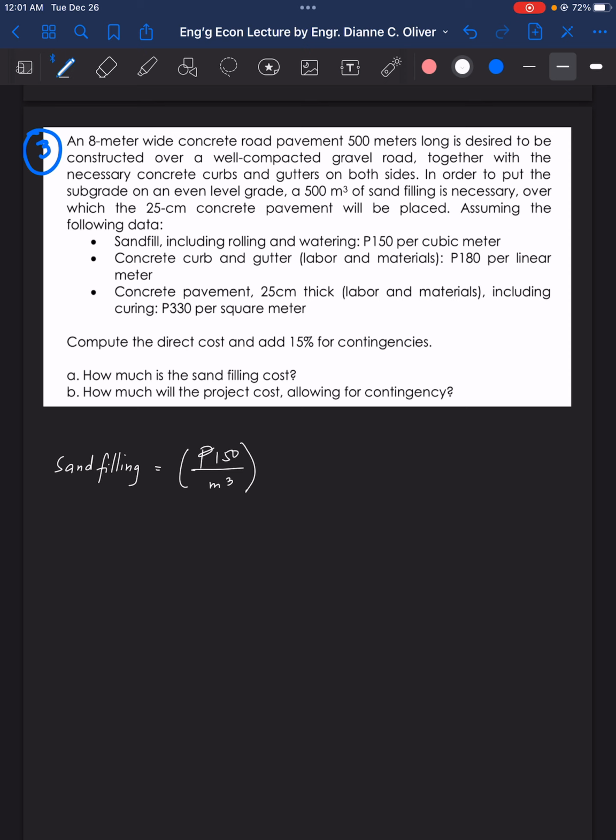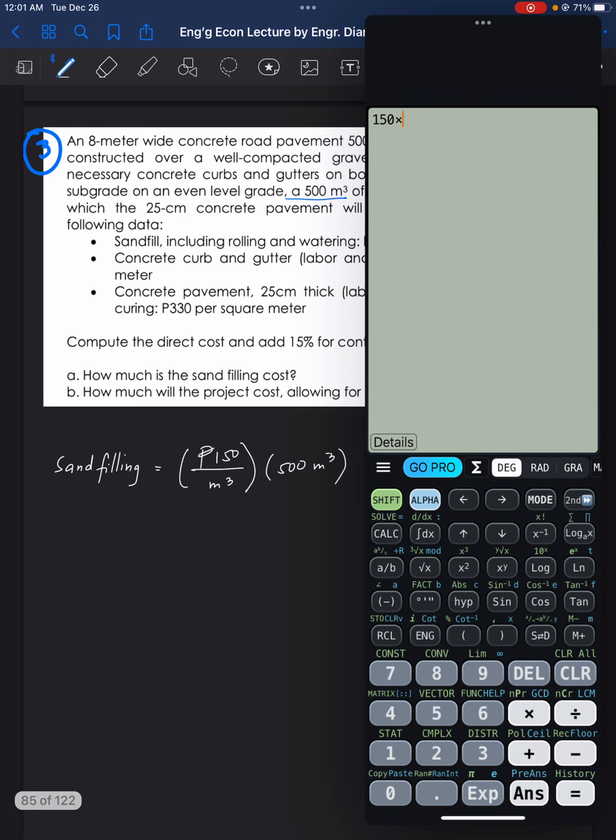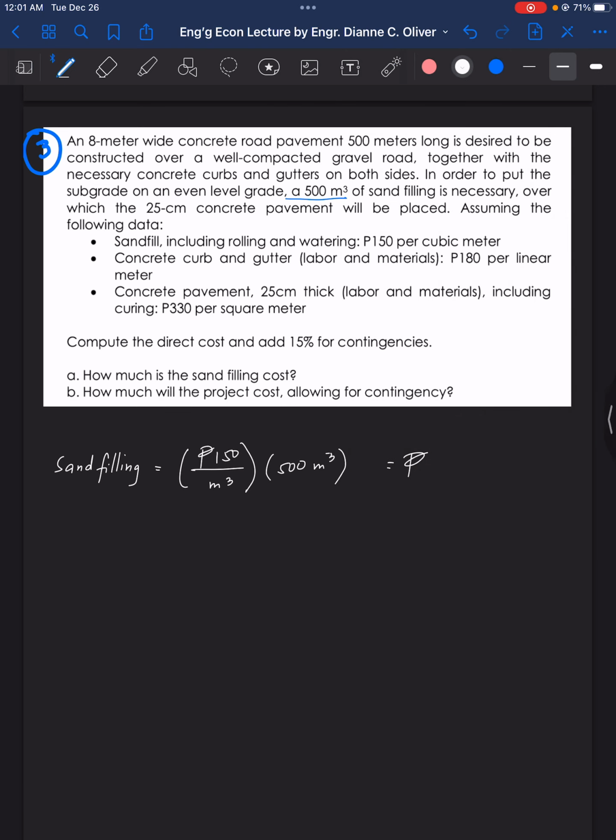Now, how many cubic meter of sand is required? It is 500 cubic meter of sand filling. Therefore, the cost for sand filling now here is equal to 150 times 500. It is 75,000 pesos. So that's the answer for the first question.